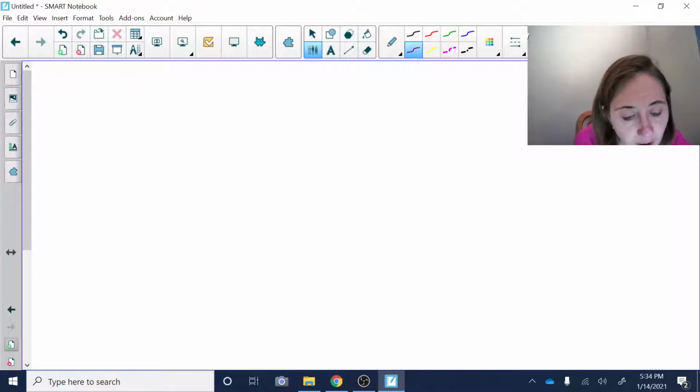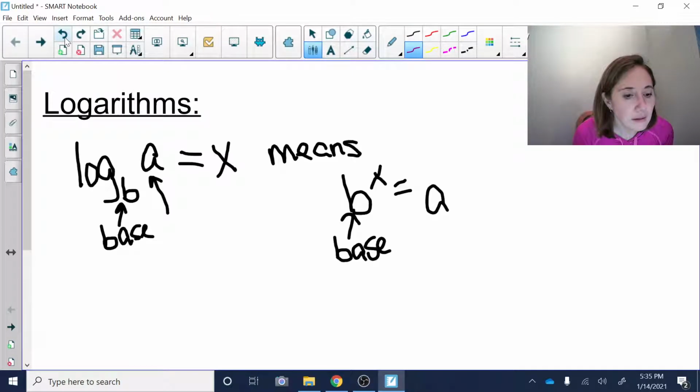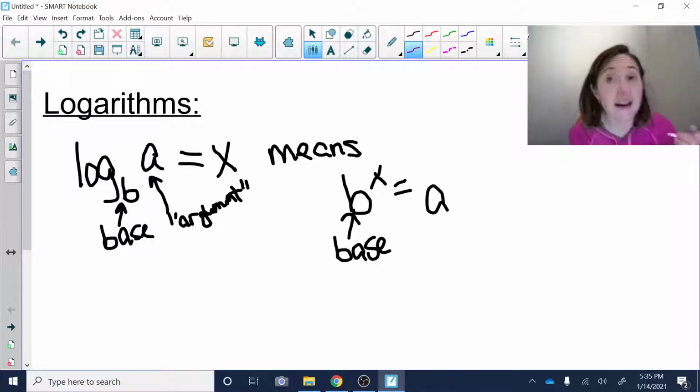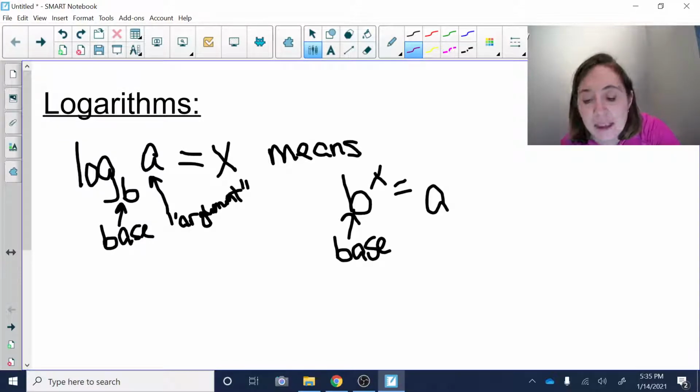I didn't know that word actually until I started teaching this last year, but you could also think of it as A for the answer. So this answer over here.